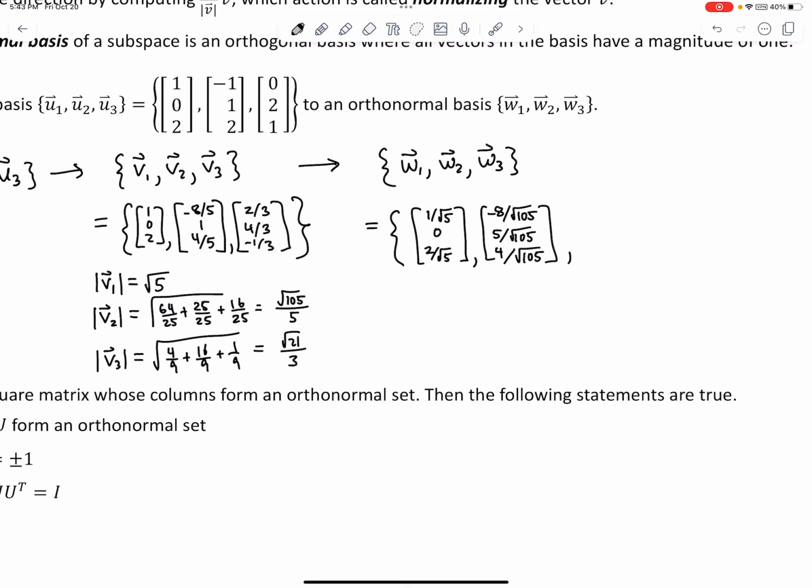Doing similarly for w3, we take all the components of v3 and divide by the magnitude of v3. The first component will be 2 over radical 21, then 4 over radical 21, and finally -1 over radical 21. And here we have an orthonormal basis. These vectors are not only all perpendicular to each other, but they also all have magnitude 1.